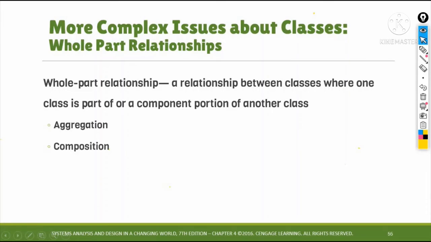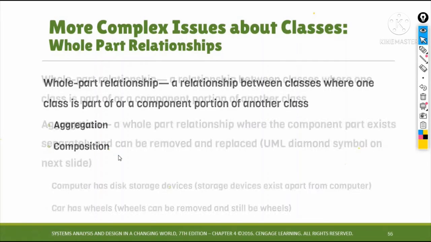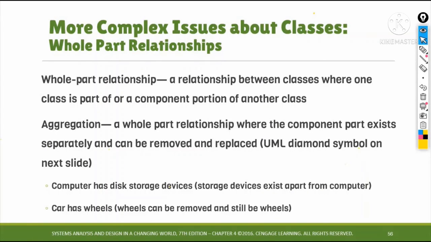The whole-part relationship is a relationship between classes where one class is a part of, or a component portion of, another class. There are 2 types of whole-part relationships: aggregation and composition. Aggregation refers to a type of whole-part relationship where the component part exists separately and can be removed and replaced.